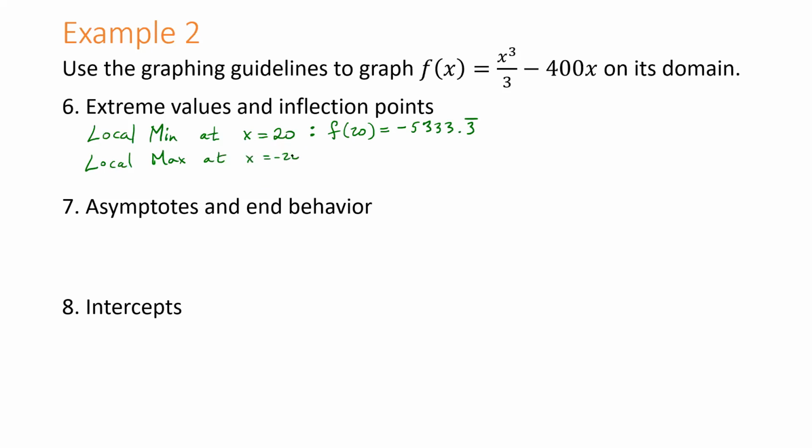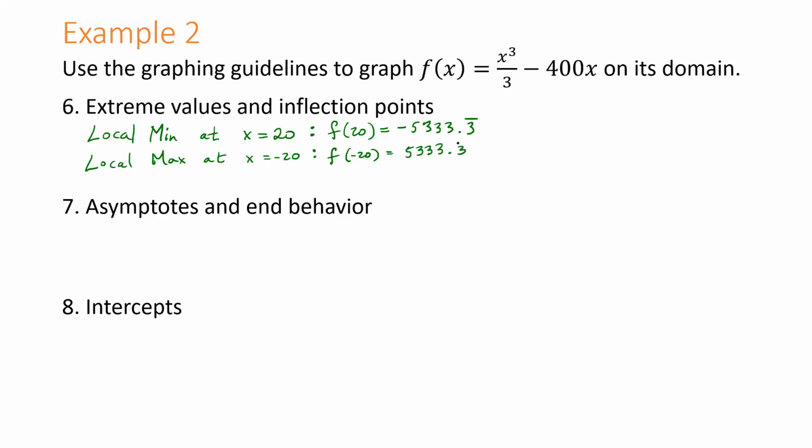We have a local max at x equals negative 20. So let's plug that into the original f to get a value that we can plot on our graph. Plugging in negative 20 here, we'll have negative 20 cubed over 3 minus 400 times negative 20. And actually, since we already computed f of 20, and it's an odd function, f of negative 20 would be the same thing as this, but with the opposite sign.